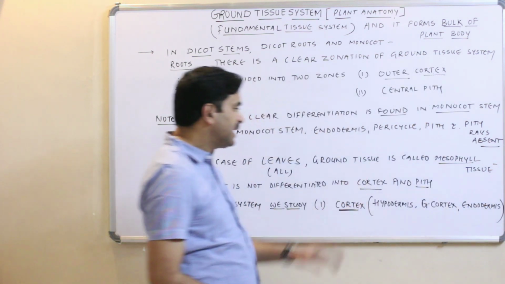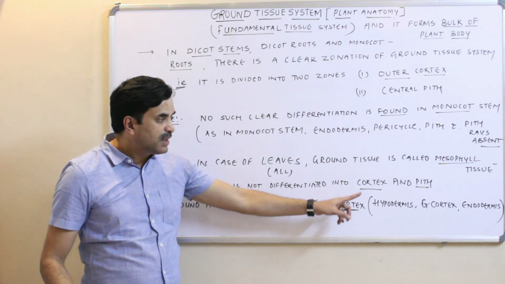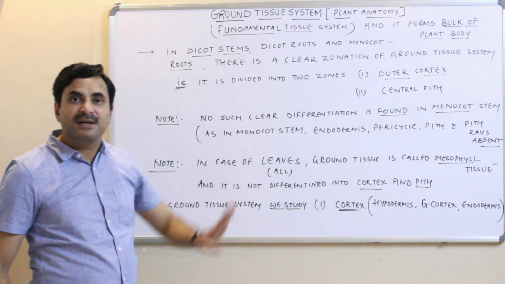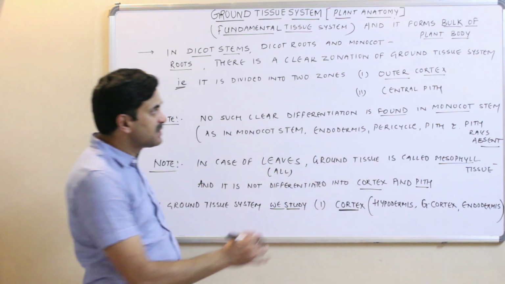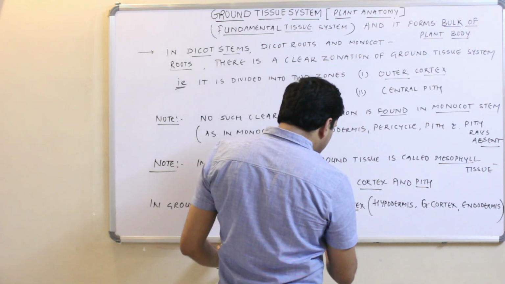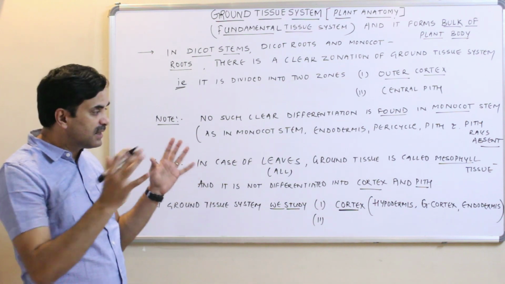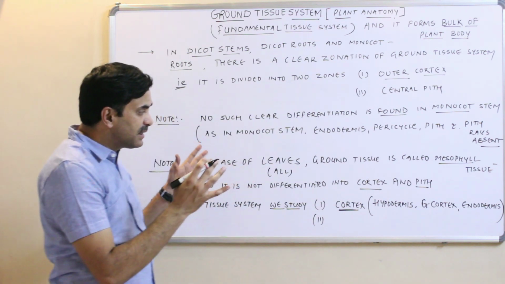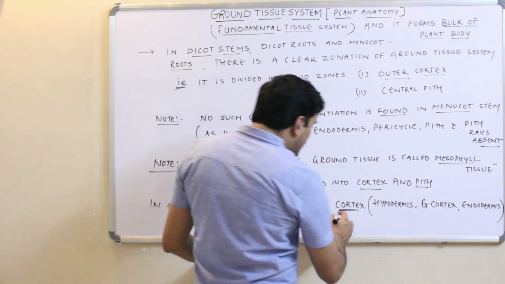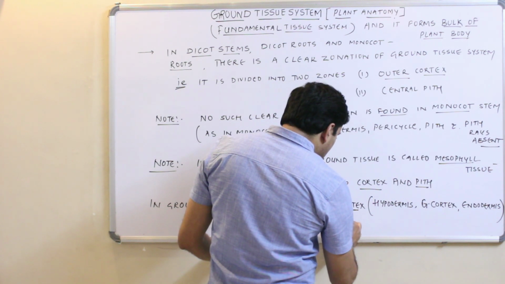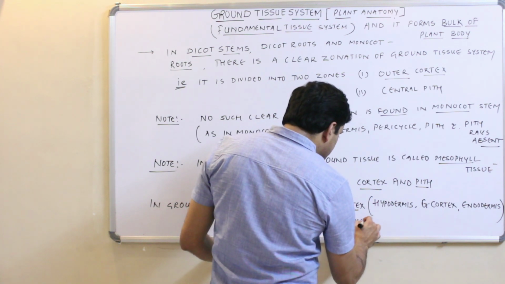In cortex we study hypodermis, general cortex and endodermis, and in the central region, particularly the stele region, we study pericycle.